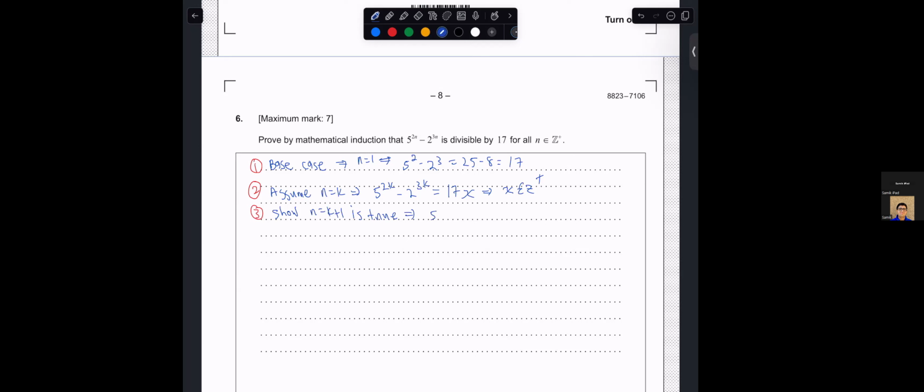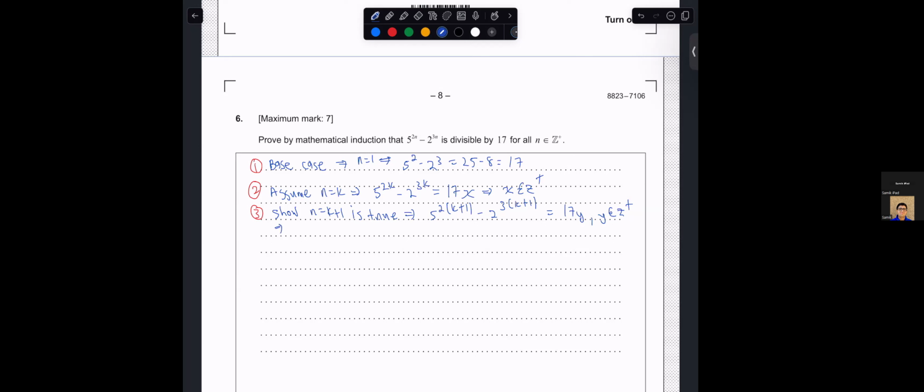This is where it gets a little bit complicated, but we can simplify using our second step. So 5 to the 2 times k plus 1 minus 2 to the 3k plus 1 is equal to, let's set it to a different one, 17y, where y is within this domain.